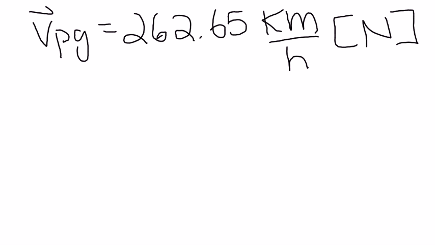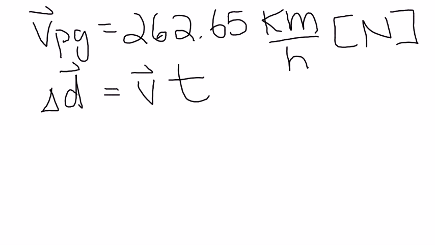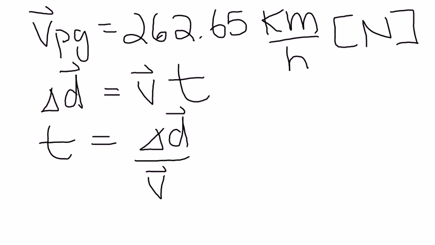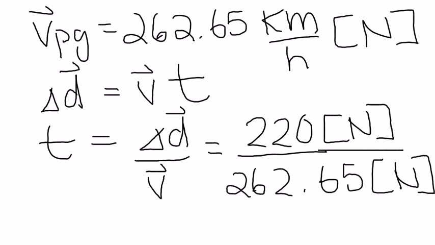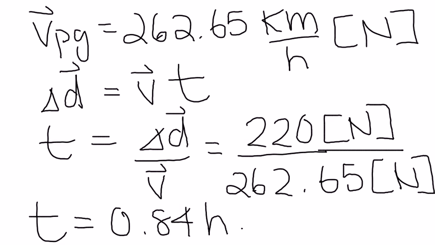And then delta D equals VT, so T equals delta D over V. So sub in the values for delta D and V, which is 220 over 262.65, and then T turns out to be 0.84 hours, and that's the end.